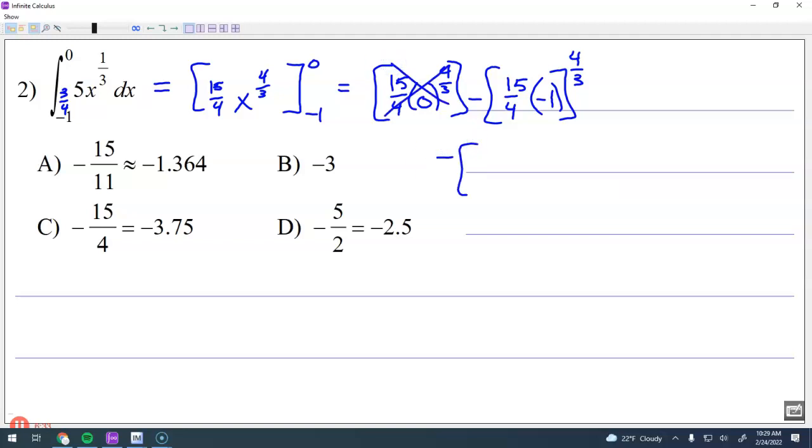So to work with this, the third root of negative 1 is how you start. What number to the third power gives me negative 1? Negative 1. And then if I do negative 1 to the fourth power, because now it's an even number, where am I at? I'm at 1. And then 15/4 times 1 is 15/4. And that negative from up there is still there. So you end up with C.